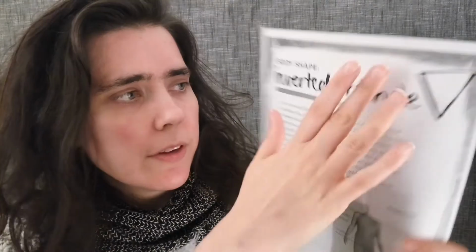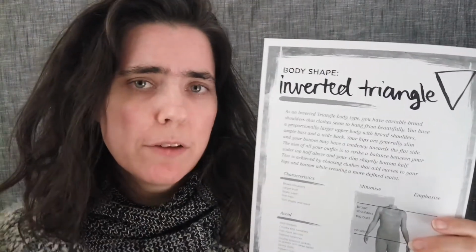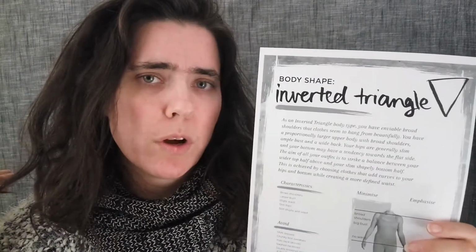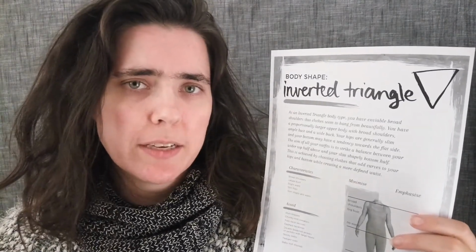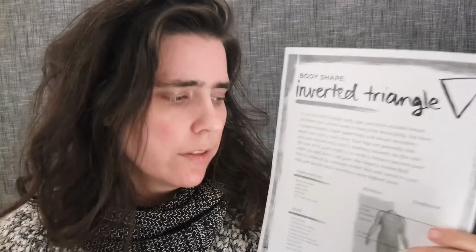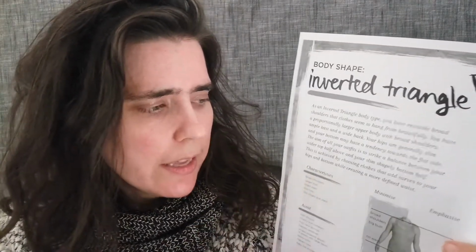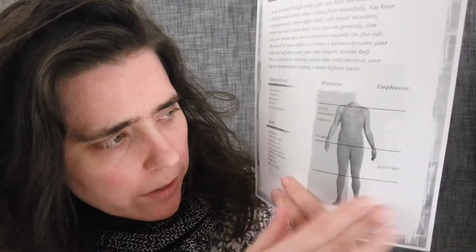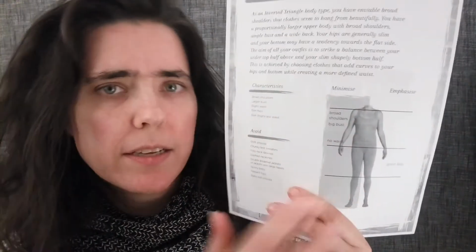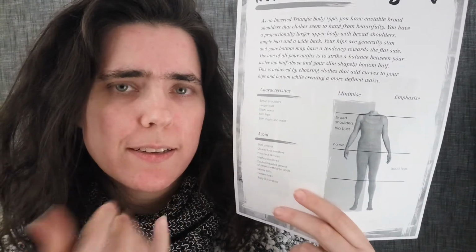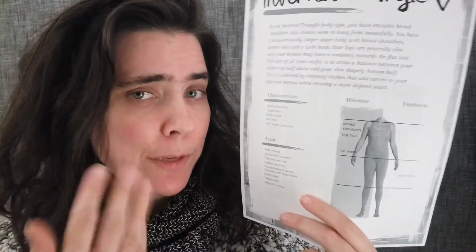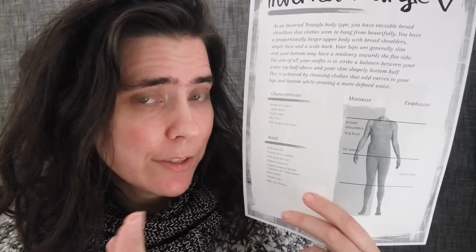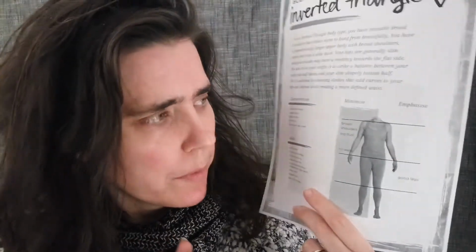So you have an inverted triangle, which would be somebody who has quite broad shoulders, going down to a narrower waist and narrower hips than in the shoulders. And so the big part on these particular areas is it'll tell you what aspects of your physique you should really be trying to focus on and what areas you might want to minimize.